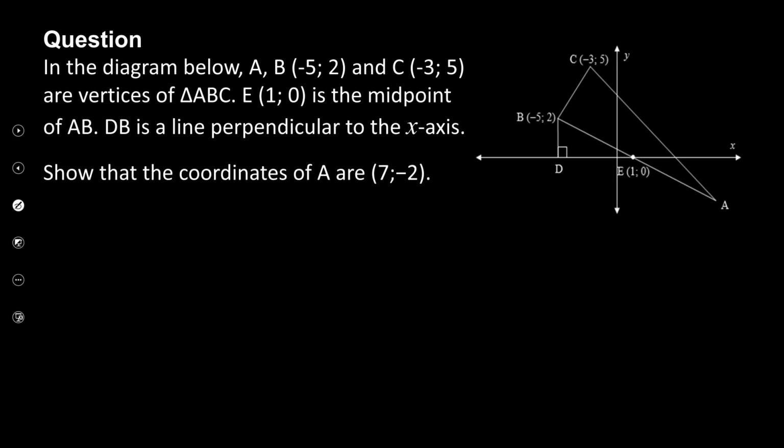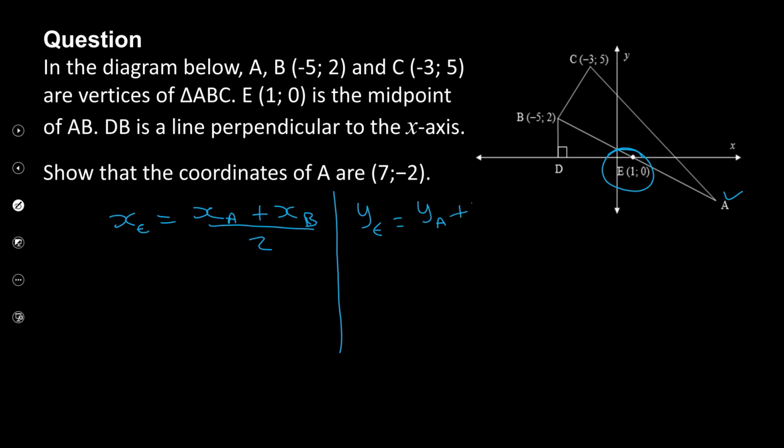Show that the coordinates of A are 7 and -2. What that simply tells us to do is to use the coordinates of E in order to find A, because we know that E is the midpoint, right? So in simple terms, x of E we got by adding x of A plus x of B and dividing this by 2, and the y at E we got by adding y at A with y at B and dividing by 2.